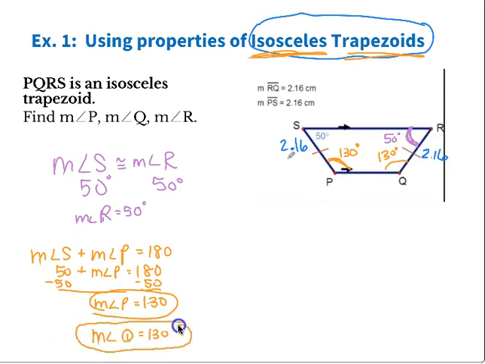So we found all three of our missing angles using the properties that we learned on the previous slide about isosceles trapezoids. So I'm going to go on to the next slide, so if you need more time, go ahead and click pause. Or actually, no, we're going to look at the diagonals of trapezoids next. We're going to look at the property of diagonals next.